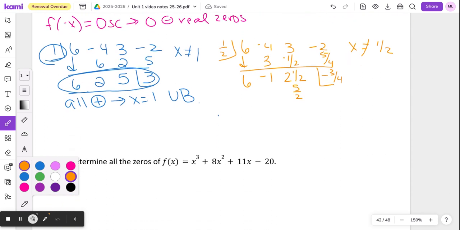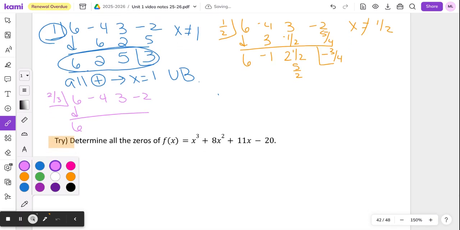So let's go 2/3. I'm running out of a lot of room here, but let's do it. So multiply, that worked. Multiply, add, multiply, woohoo, there we go. So x does equal the 2/3.